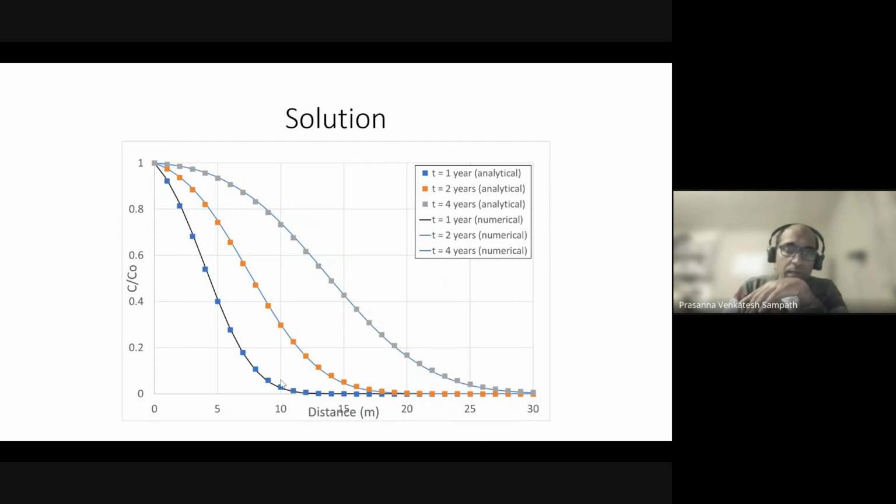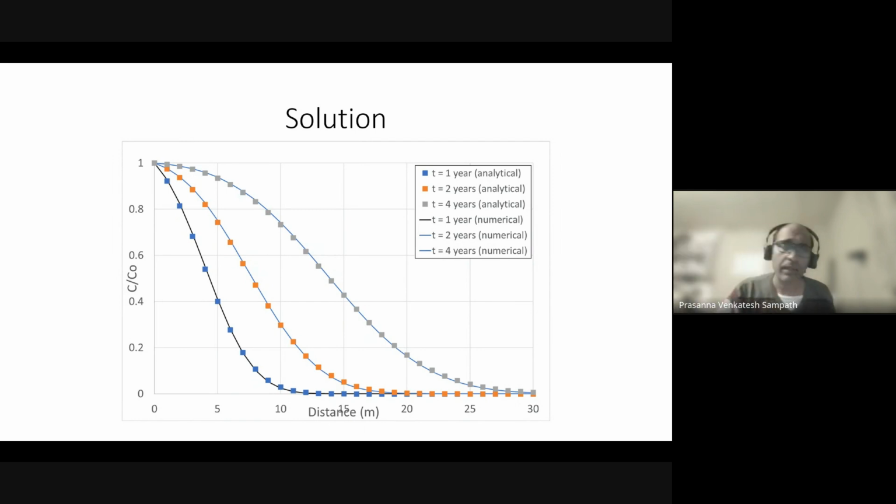You will see that the numerical solution seems to be fairly close to the analytical expression. The analytical solution is assumed to be the truth. The numerical solution, like I said, is only an approximation of that truth, and it depends on what kind of time step you use and so on.